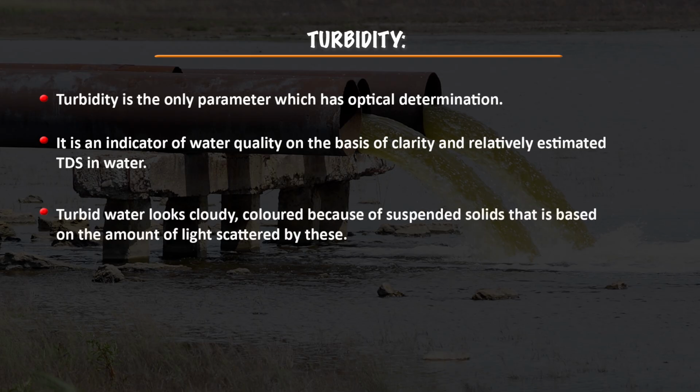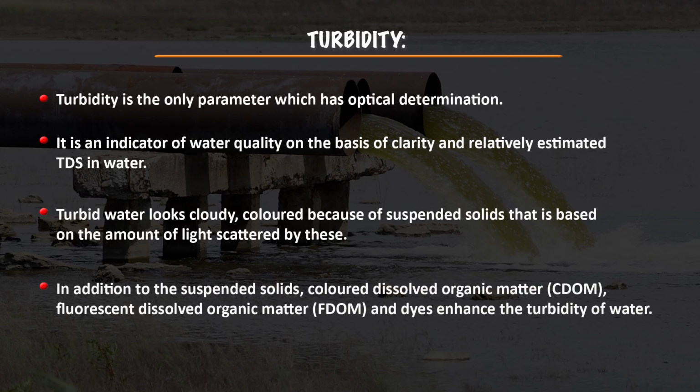Turbid water looks cloudy and sometimes colored because of suspended solids, based on the amount of light scattered by them. In addition to this, colored dissolved organic matter is also there, that is fluorescent dissolved organic matter. Normally it comes from the dyes, the industries, so that enhances the turbidity of the water.